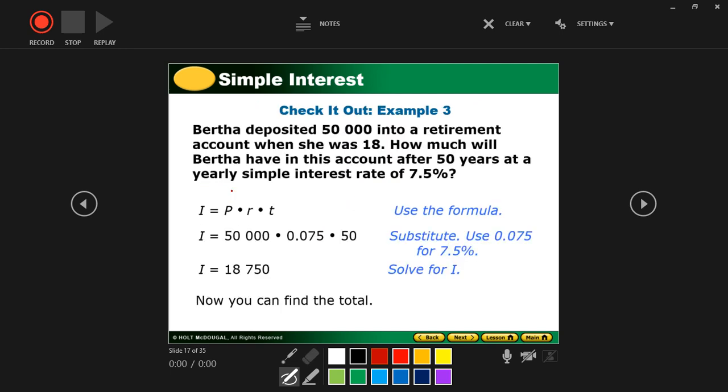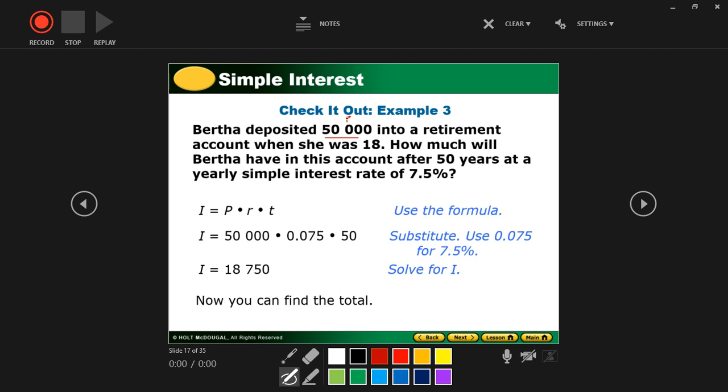No? Okay, another example. Bertha deposited 50,000 pesos into a retirement account when she was 18. How much will Bertha have in this account after 50 years at a yearly simple interest rate of 7.5%? So the money deposited, 50,000, this will be your principal amount.